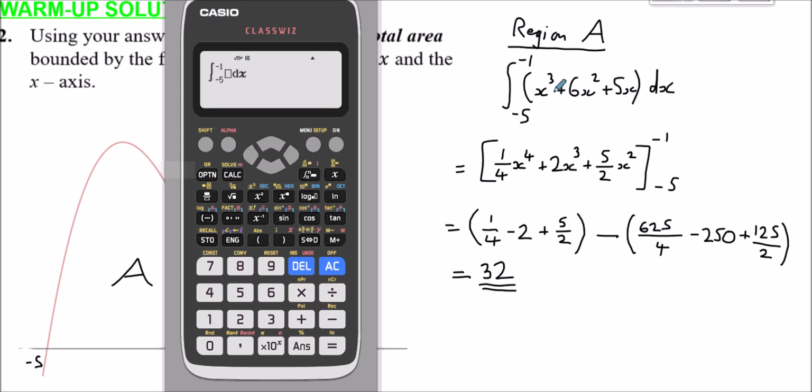And then we just type in the function exactly as it appears. So x cubed, alpha x, then cubed, then plus 6 alpha x squared, and plus 5 alpha x. And what do you know? If you press equals, you get 32.